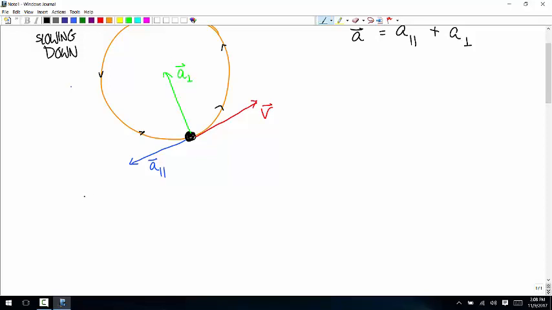And so here's all that's new for circular motion.